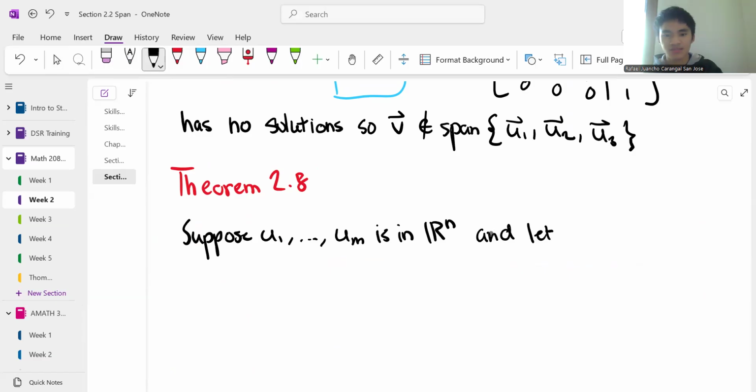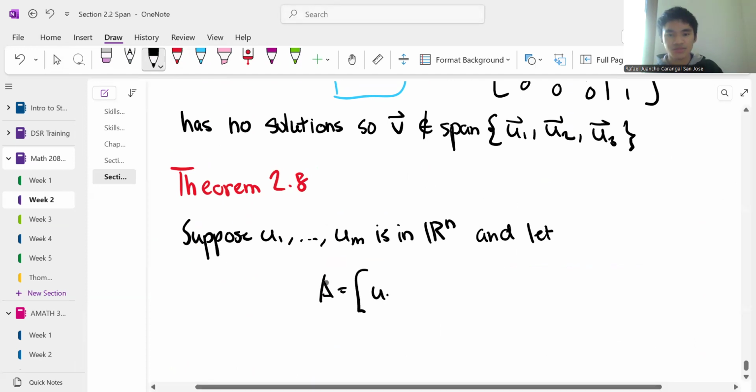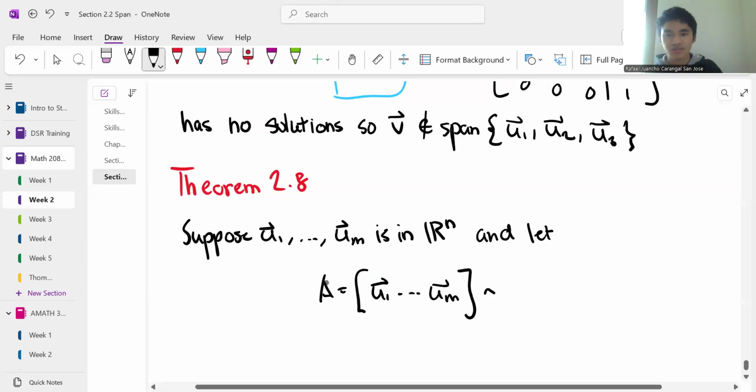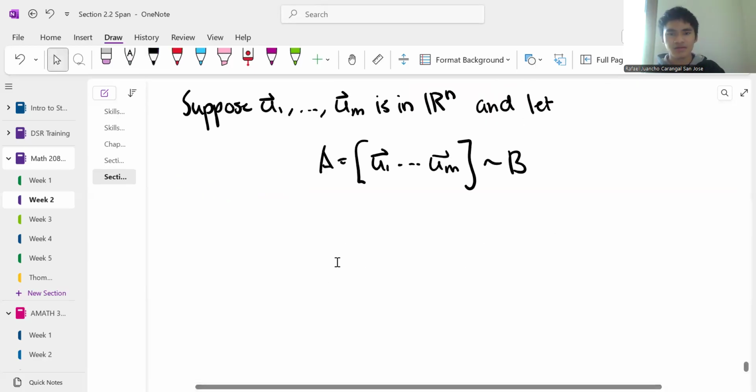And we let A be the matrix with u sub 1 all the way to m, and this is approximately B, and B is an echelon form.